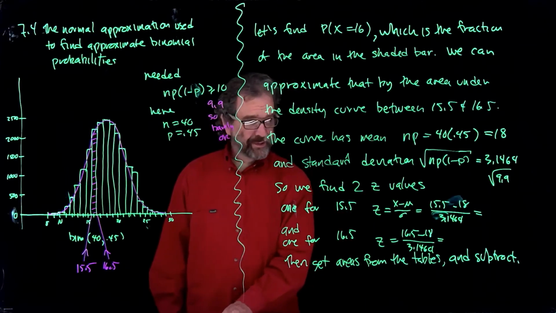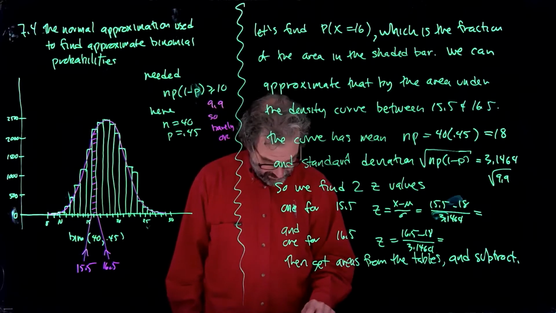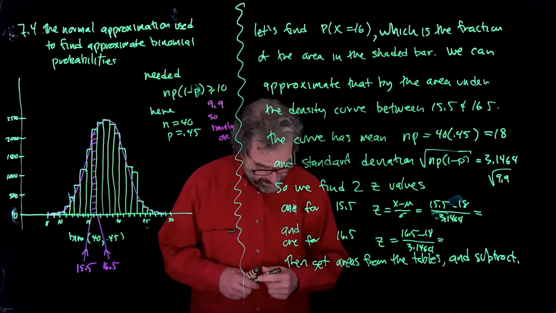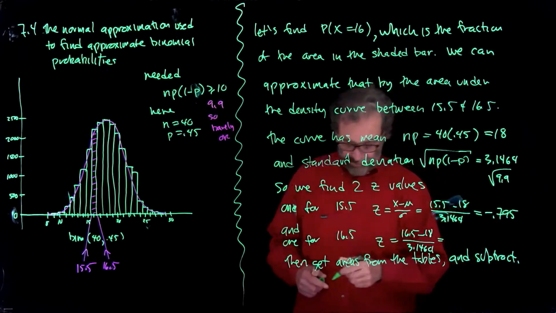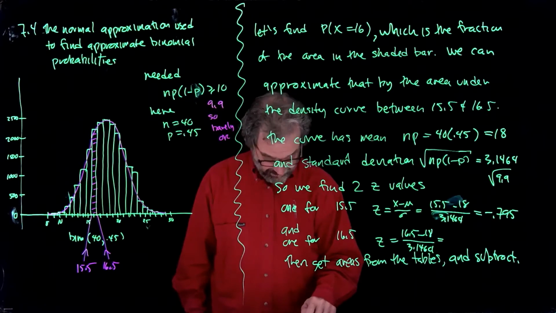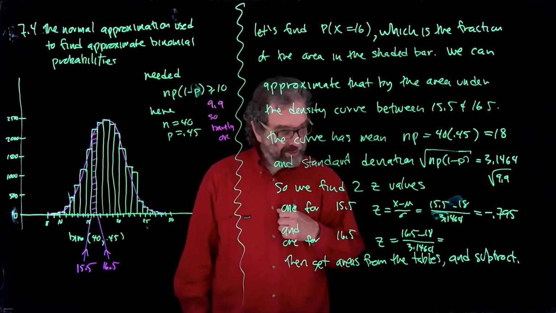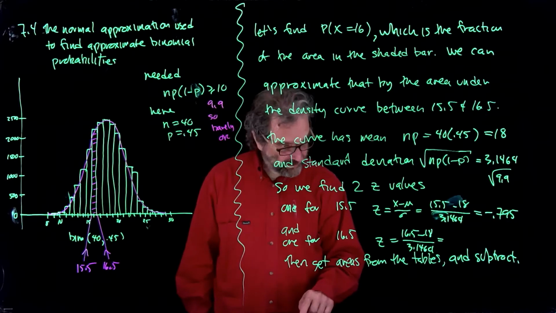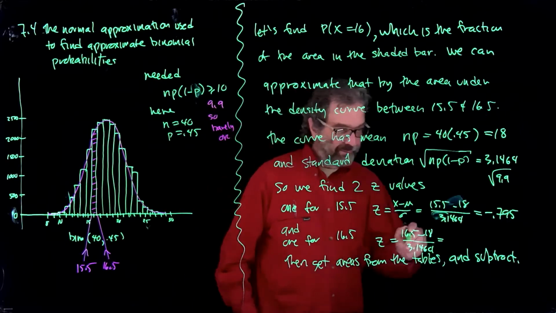Those are both below the mean, so I expect the Z values to be negative. 15.5 minus 18 gives you minus 2.5, and you divide that by 3.1464, which is minus 0.795. Now I do it with 16.5 minus 18. That's minus 1.5, which makes sense, and we divide that by 3.1464, which gives minus 0.477.